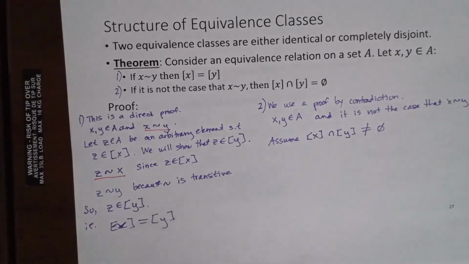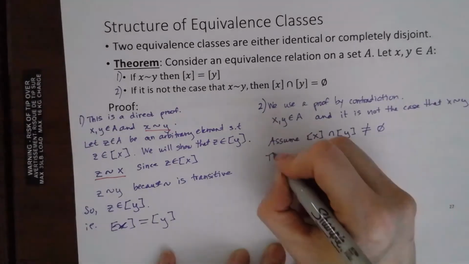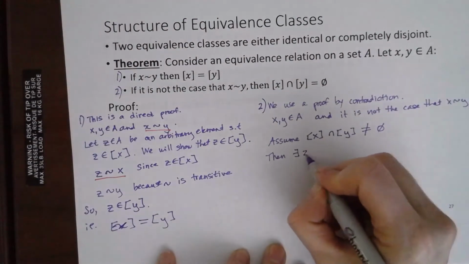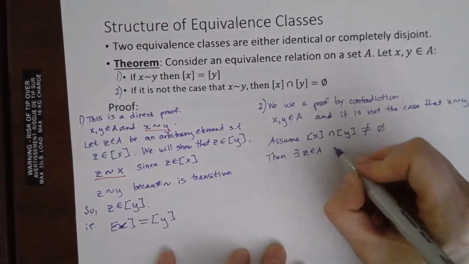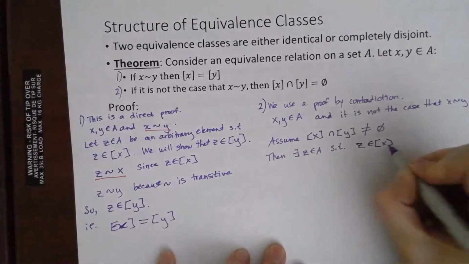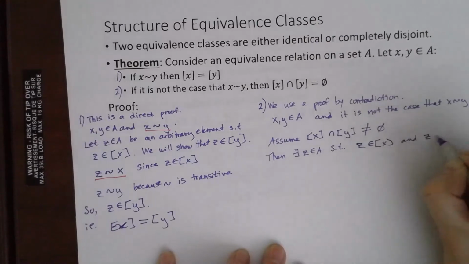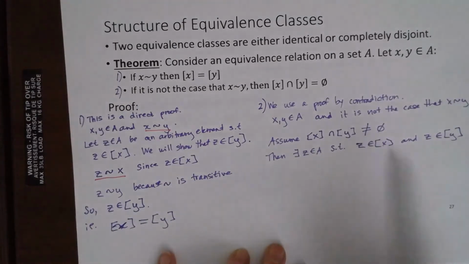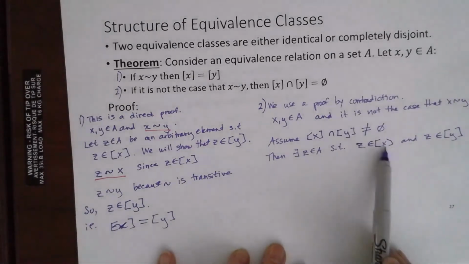Okay. So if it's not the empty set, that means there has to be at least one element in there, because the intersection isn't empty. So then there exists some element Z such that Z is in X and it also has to be in Y. The only way I can get a non-empty intersection is if there's at least one element that's in both of the sets.